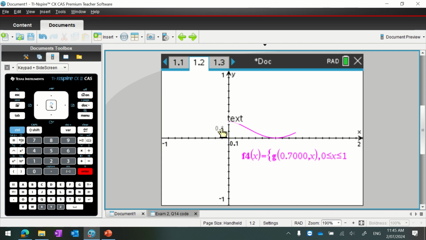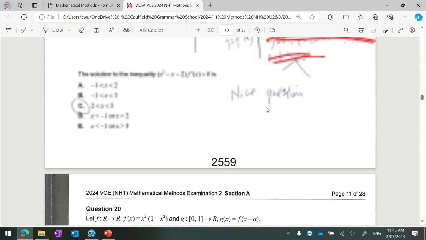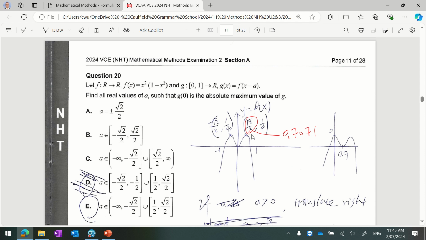Okay, G0 is still absolute maximum. Now, when it's 0.7, it looks like it's still absolute maximum, so that's good. But, like I said, we are getting close to this point here now. So when it's x minus a and a is positive, we're shifting the whole graph to the right. So this local maximum is getting close to the y-axis now, which means root 2 on 2.